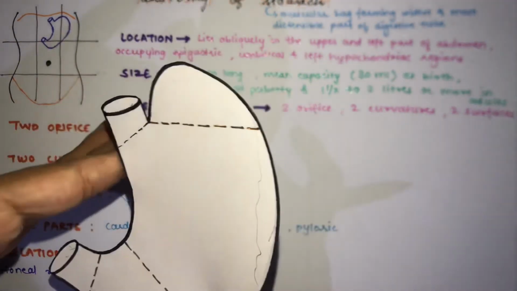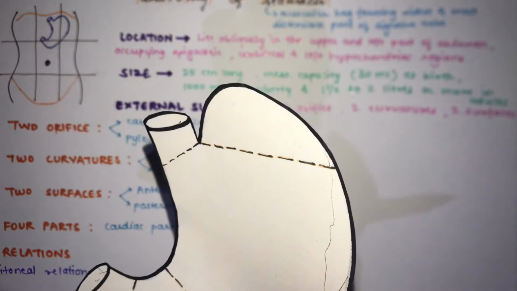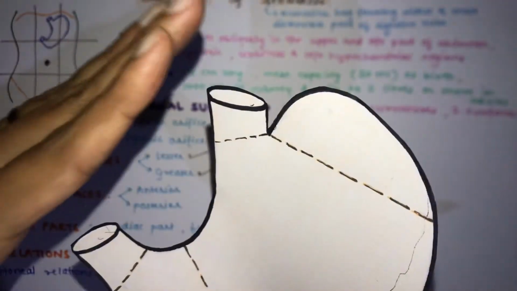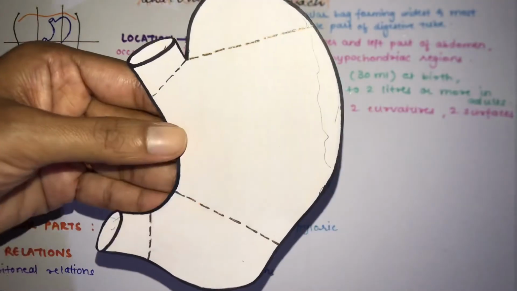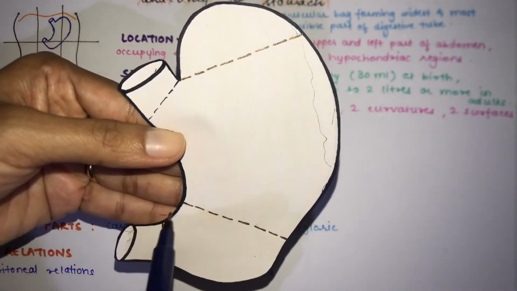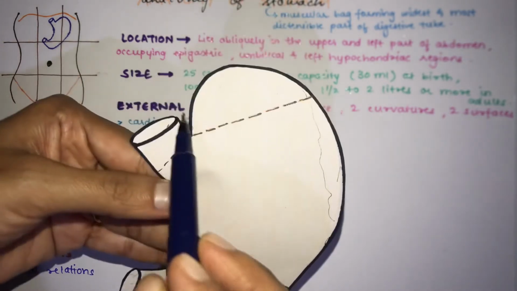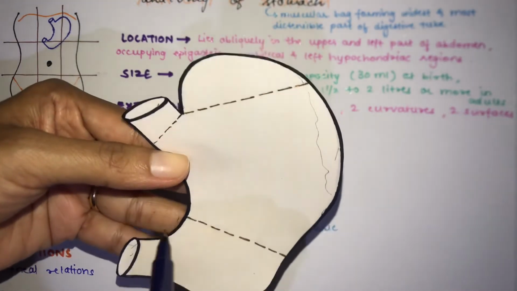Now moving towards the lesser curvature. The lesser curvature is short, concave in shape, and forms the medial side of your stomach. The most inferior part of your lesser curvature is known as the angular notch. Over here this is the cardiac notch and this is the angular notch.